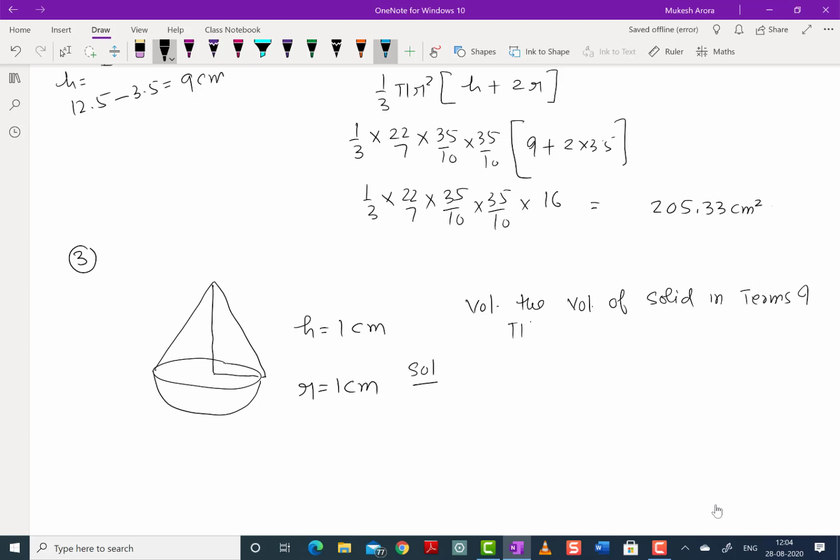Volume will be volume of cone plus volume of hemisphere.